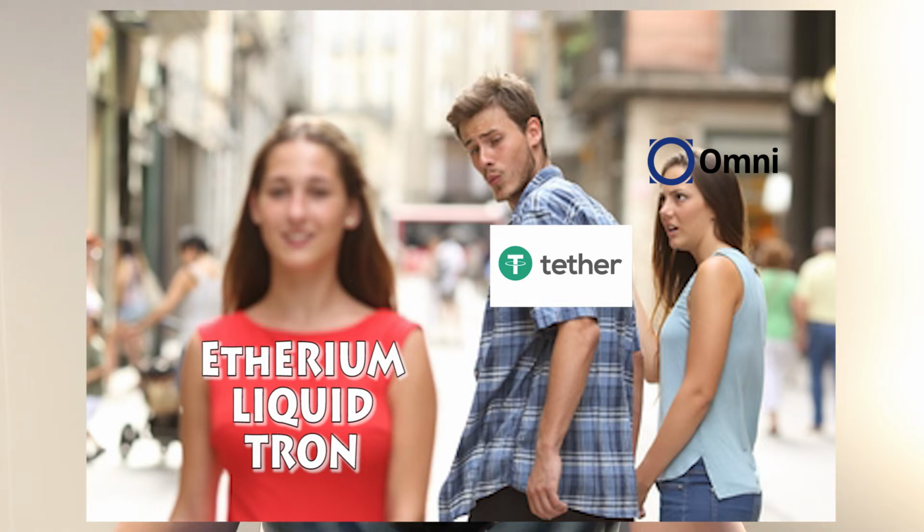I would say they don't love it anymore because they are looking at other projects. It's like a meme. They were connected with Omni for so long, but this protocol has basically been stagnant for a long time, so they don't use it anymore.